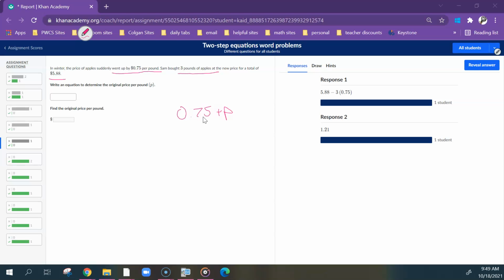We also know that we bought 3 pounds of apples, so whatever this is, we need to multiply this by 3. And we know the total equals 5.88. So this would be our equation for this. Pay attention to those words, because sometimes you'll need parentheses, sometimes you won't. And it really depends on the question.